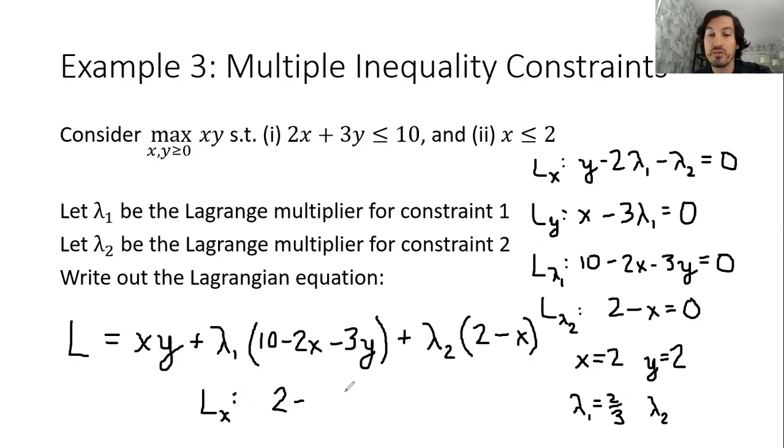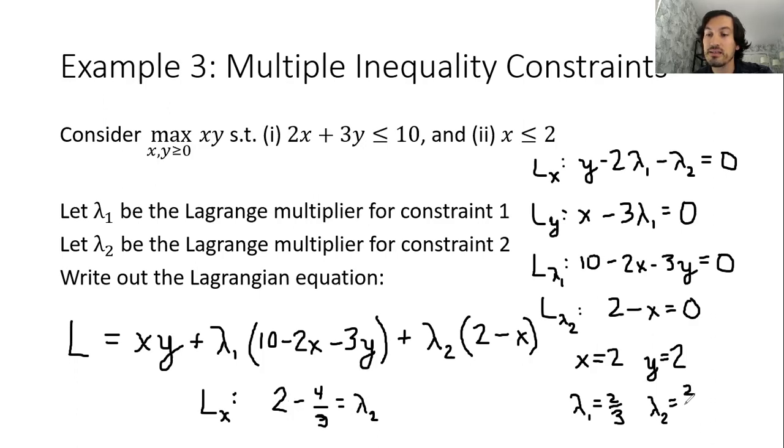Well, we know lambda 1 is 2/3, so that's 4/3. Oops, this is supposed to be 3. And now minus lambda 2 equals 0. I'm going to move the lambda 2 to the other side and get what? Lambda 2 is actually 6/3 minus 4/3. It's actually also equal to 2/3.